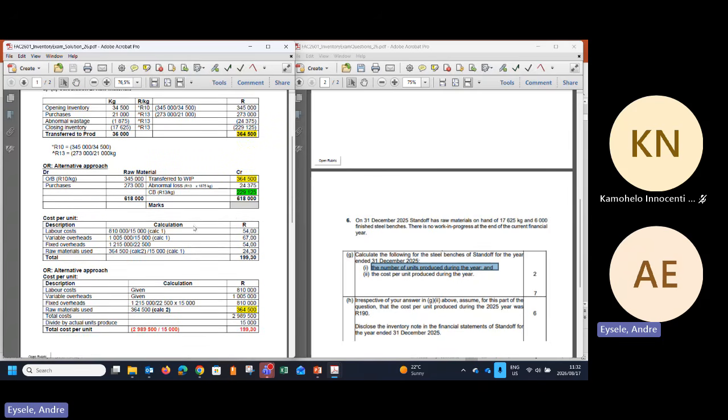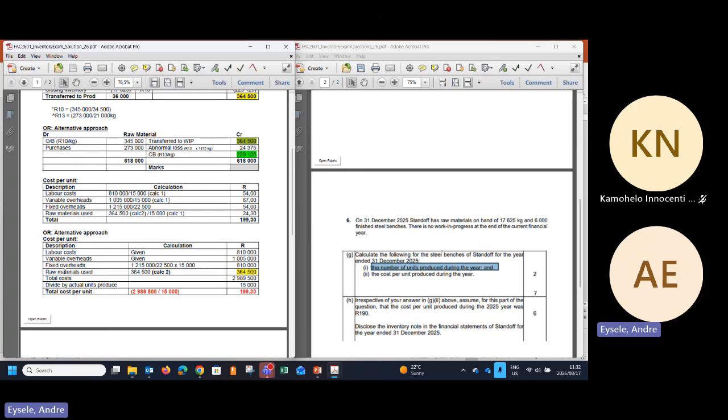So we transferred raw materials of 364,500. This is just an alternative approach of how to determine the 364,500. Now we can take it to the cost per unit determination, which is your work in progress. And there it is, 364,500. Then the labor cost, because we need to add labor cost.